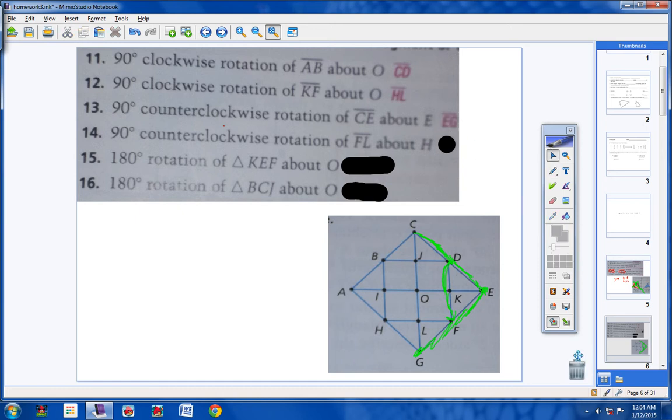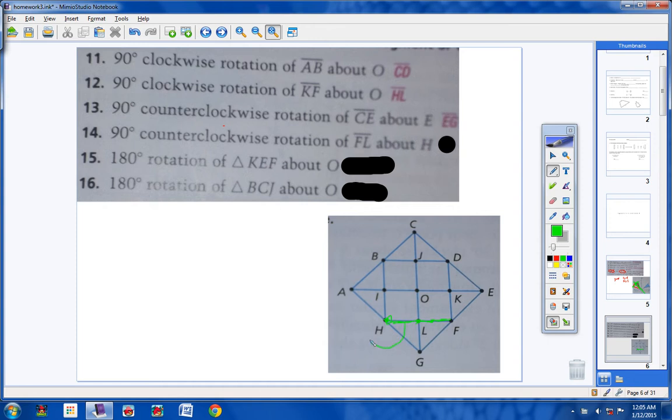Alright, moving on to number 14. Okay, number 14, 90 degrees counterclockwise. We're going to rotate FL. Here's FL right here, about H. So here's H, okay? So we're going to draw this to here.